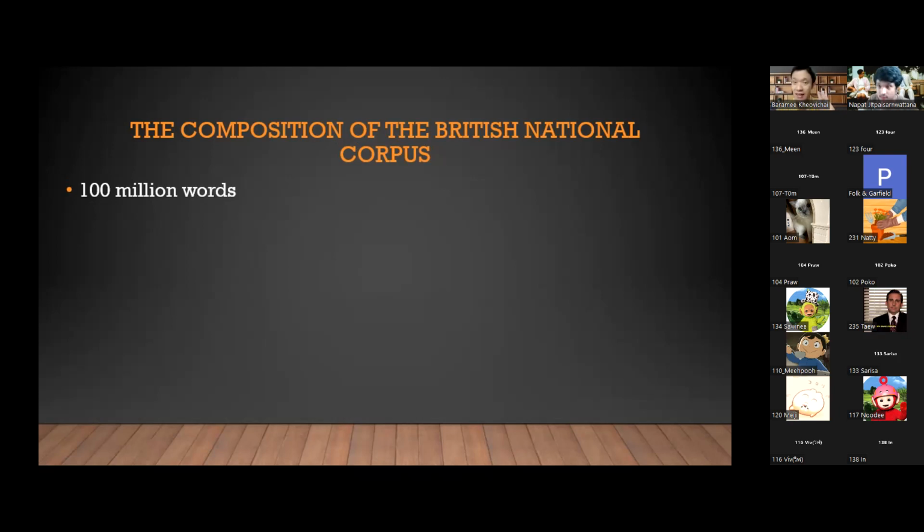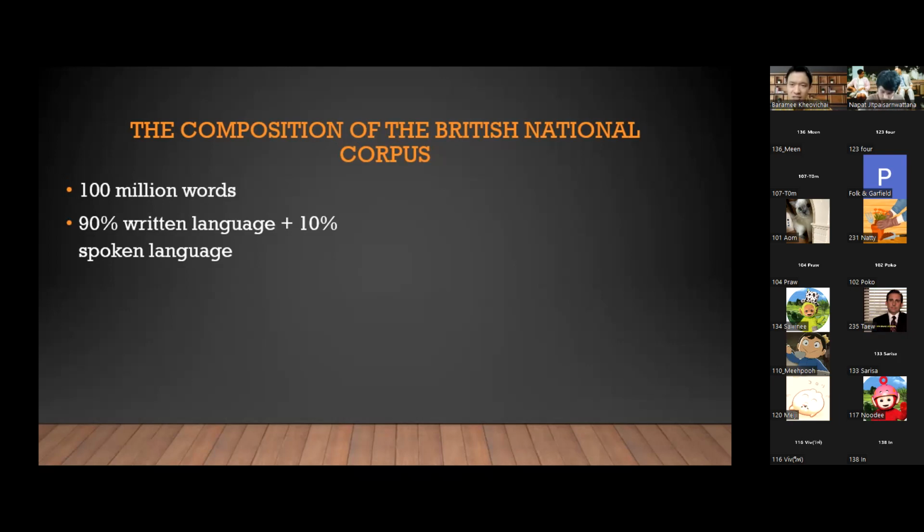This corpus is 100 million words, so basically it's like having 2,000 novels in it. That's really huge, so we can find examples of language use here because it's really big.